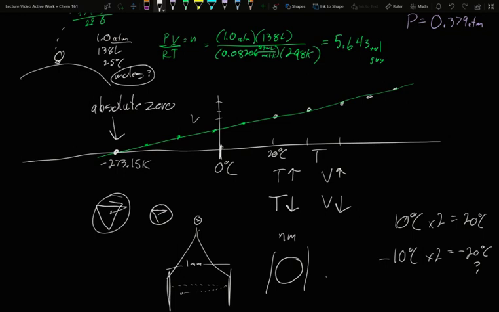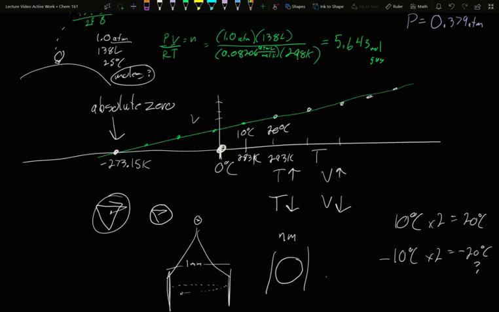Celsius, because it starts arbitrarily somewhere, doesn't follow the ratios correctly. Going from 10 degrees Celsius, which is 283 Kelvin, up to 20 degrees Celsius, which is 293 Kelvin. In Celsius, it looks doubled, but in Kelvin, we realize it really went up like 5%.